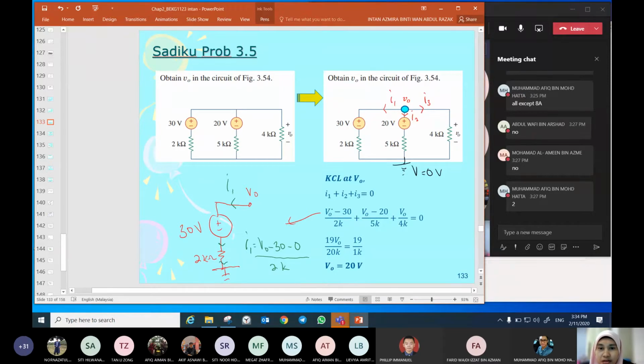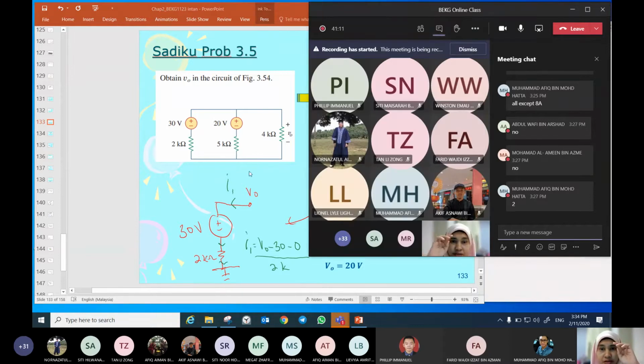So the voltage difference is from where the current flows. Who asked the question? Afiq.